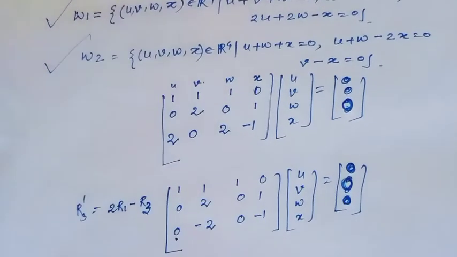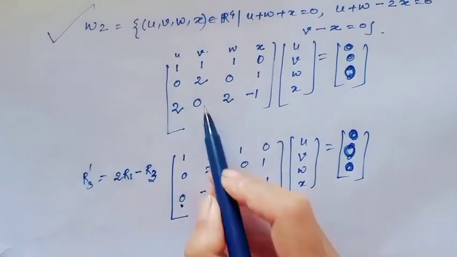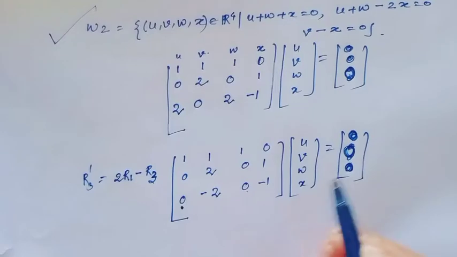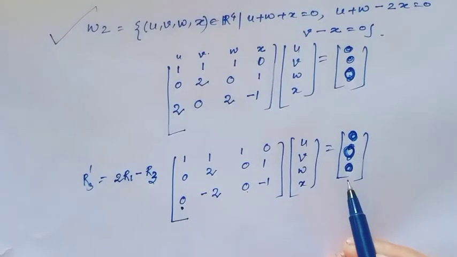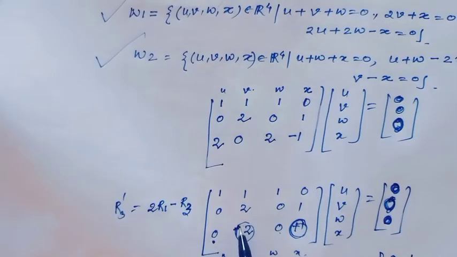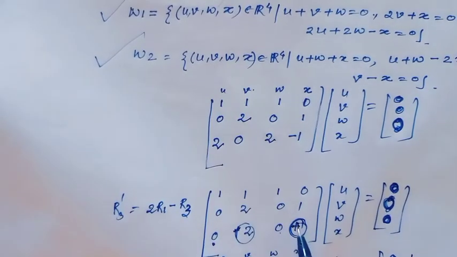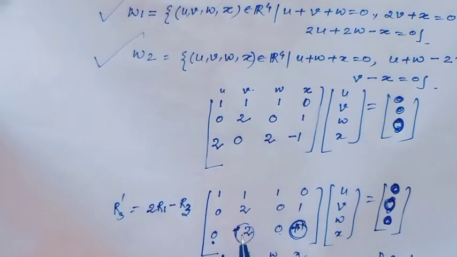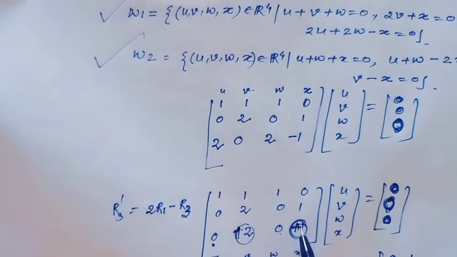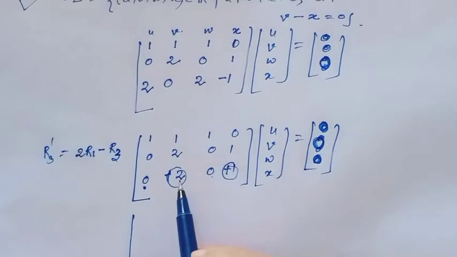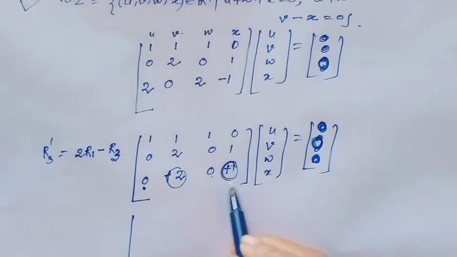Then this value would be 0, here minus 2, here 0, here minus 1, and the right side 0, 0, 0. Then not minus 2 but plus 2, and plus 1, because of 2R1 minus R3. So this is plus 2 and plus 1.